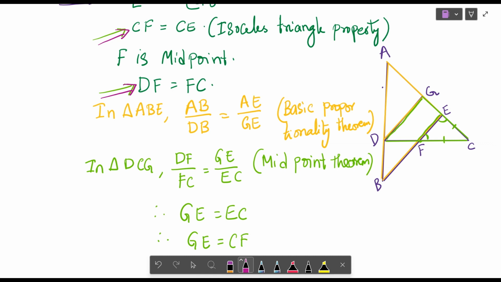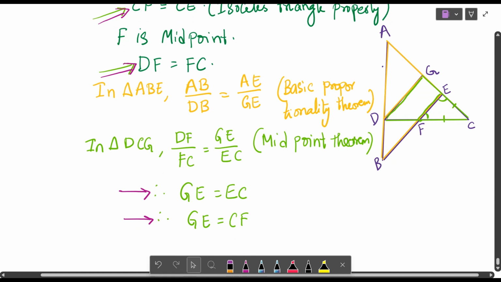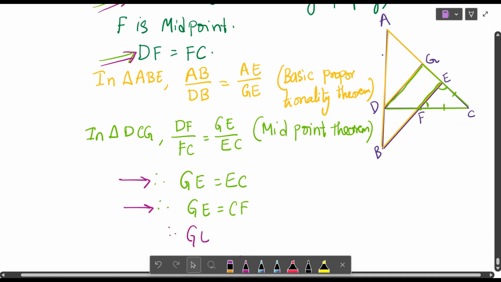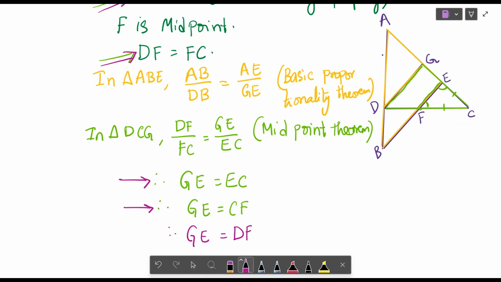CF is equal to CE. So we have written GE is equal to EC and GE is equal to CF. So we know FC and DF are also equal. Therefore we can write GE is equal to DF. Okay. So from here we have written this. Understood?